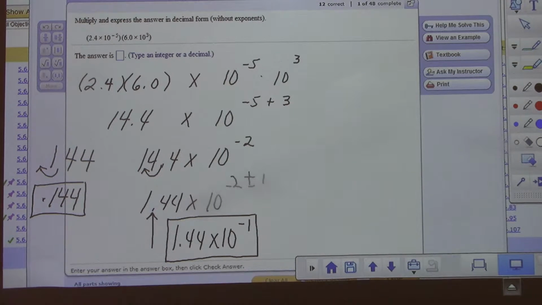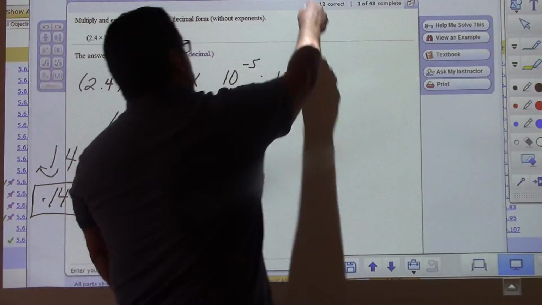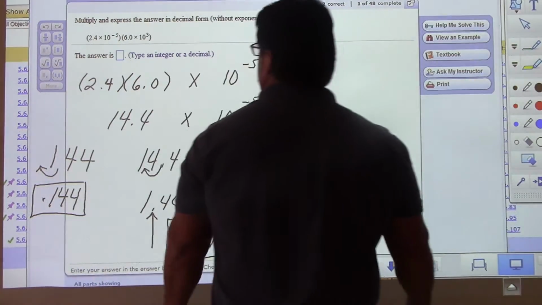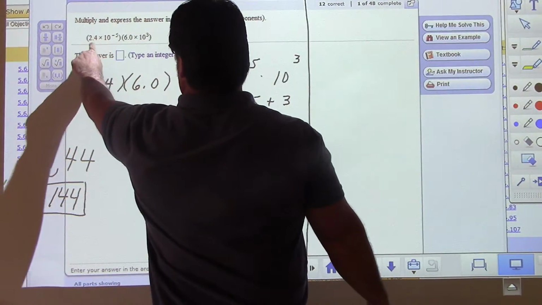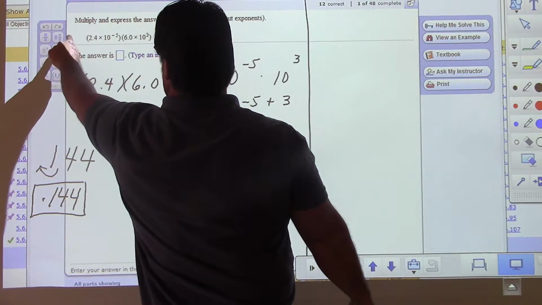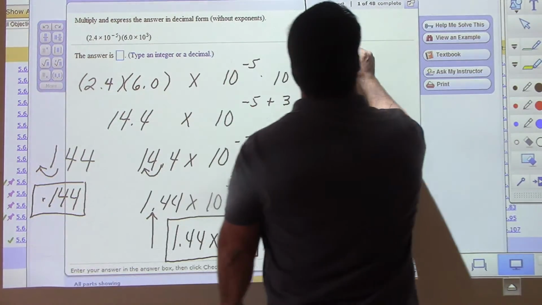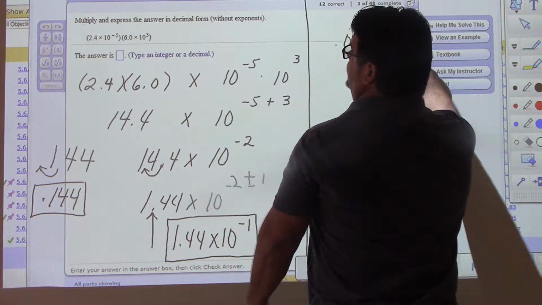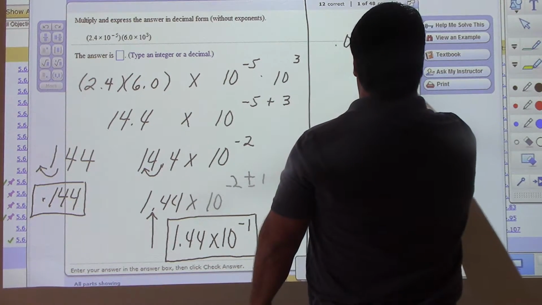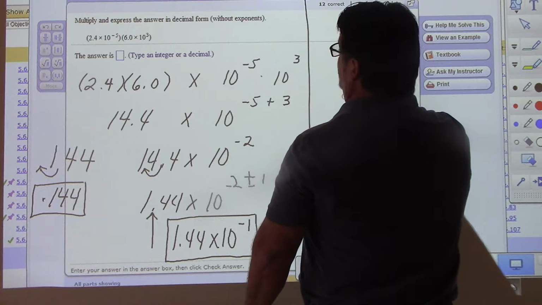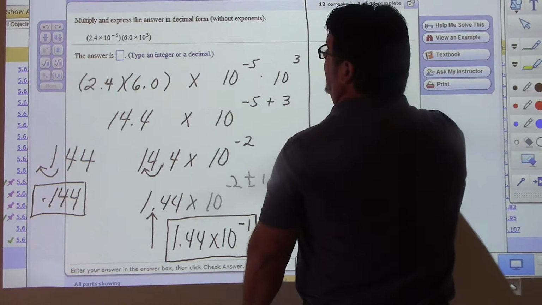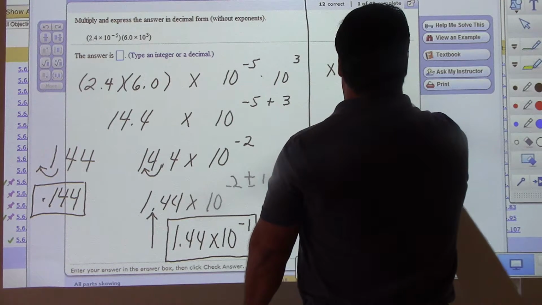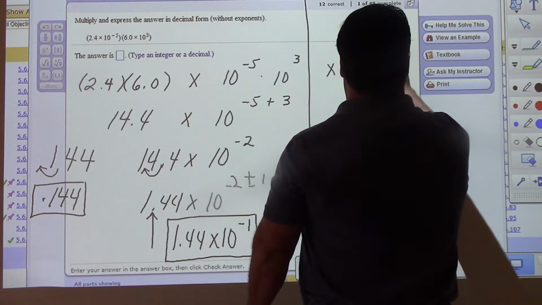Now, what did we just do? You just took, let's see, 1, 2, 3, 4, 5, which is 4 zeros, 0.0000024, and we multiplied it by 6,000.